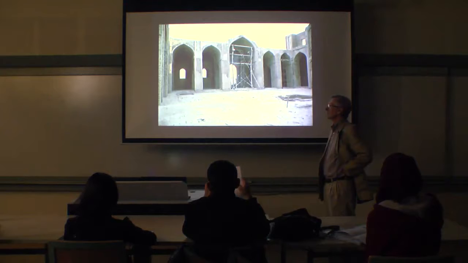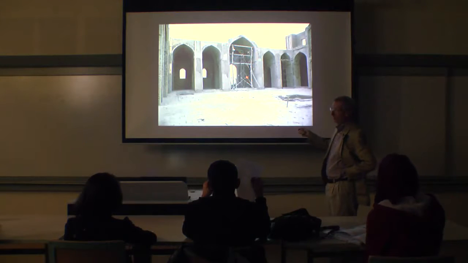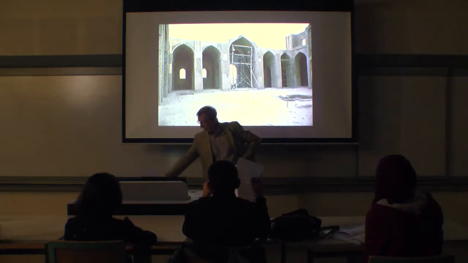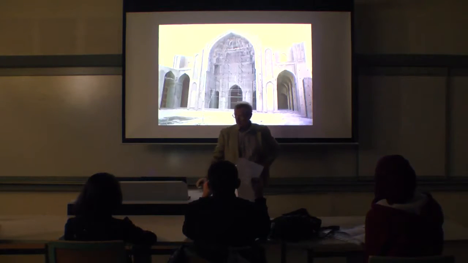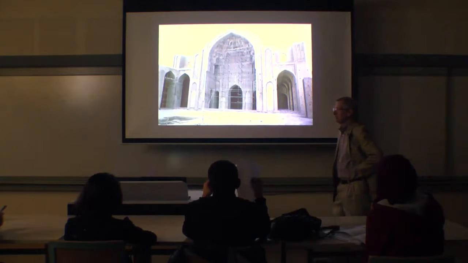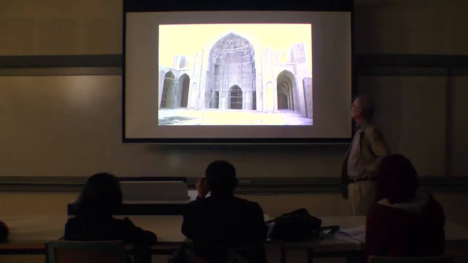You've got 4 choices. It's one of the side Iwans, exactly. This is the entrance. This is one of the side Iwans, a little bit taller, a little bit wider than the other bays. And just to the right of this then is the Qibla Iwan, much taller than the others, which also is not unusual.